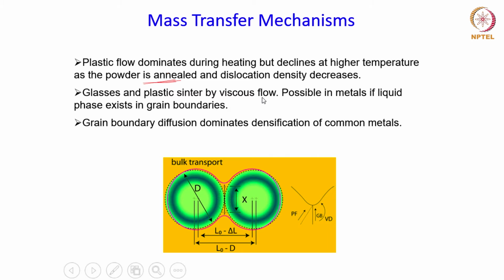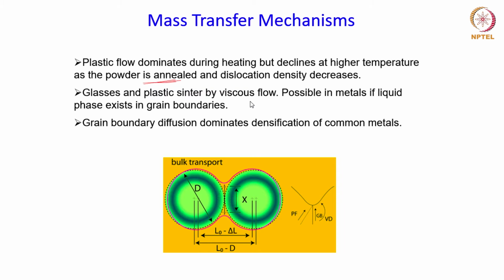Now there is also something called viscous flow, but that is more likely to occur in glasses and plastics, and it might happen in metals if there is a liquid phase along the grain boundaries.